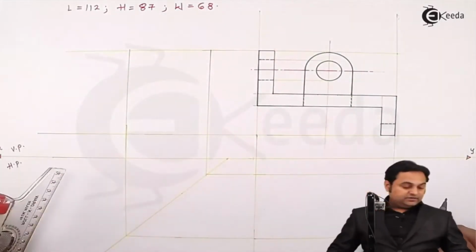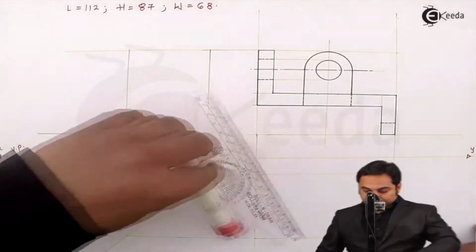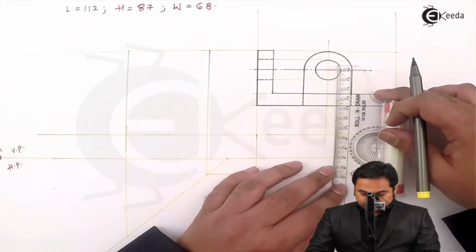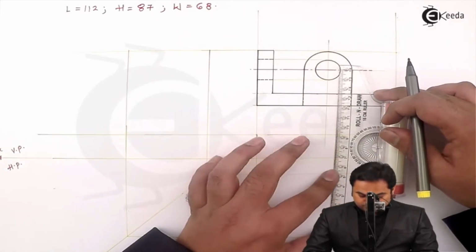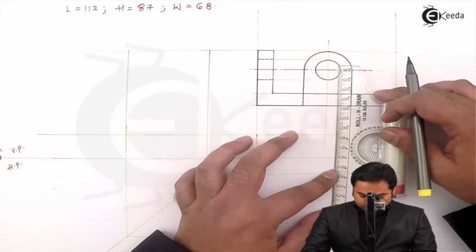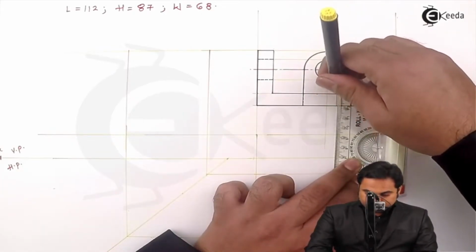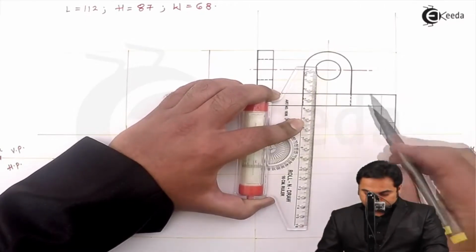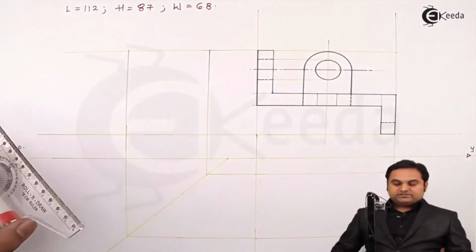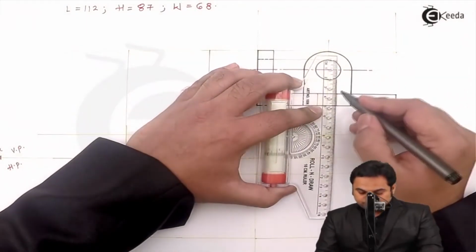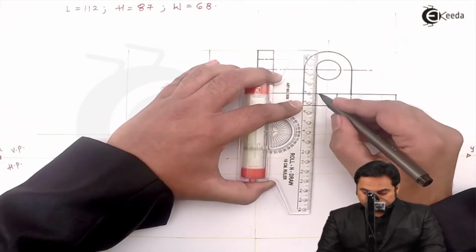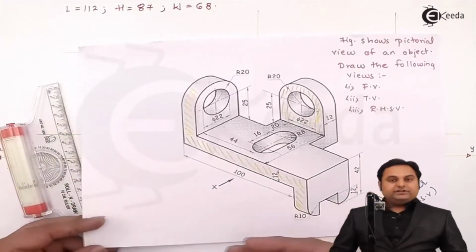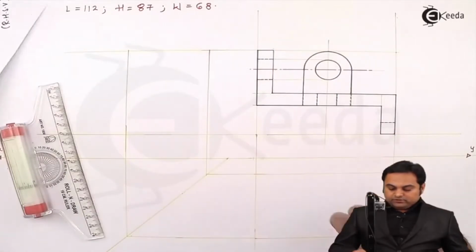That gives me the length 16 mm. Projecting it light. Now it has to be hidden. After that, whatever part was hidden, I have drawn with the visible part.